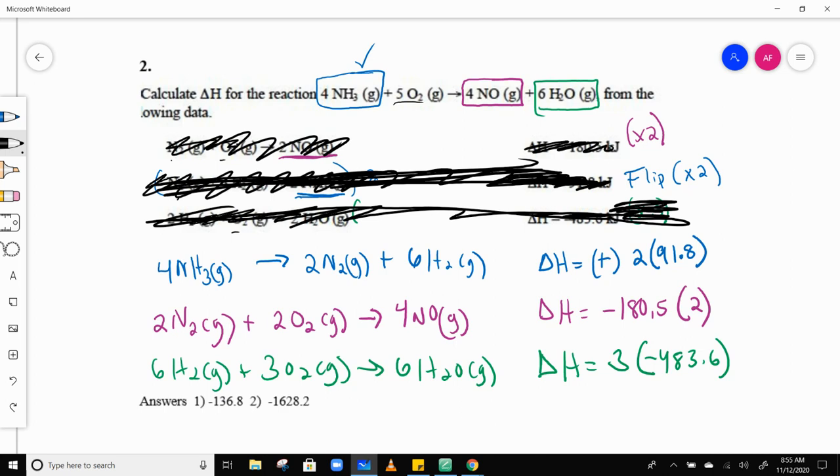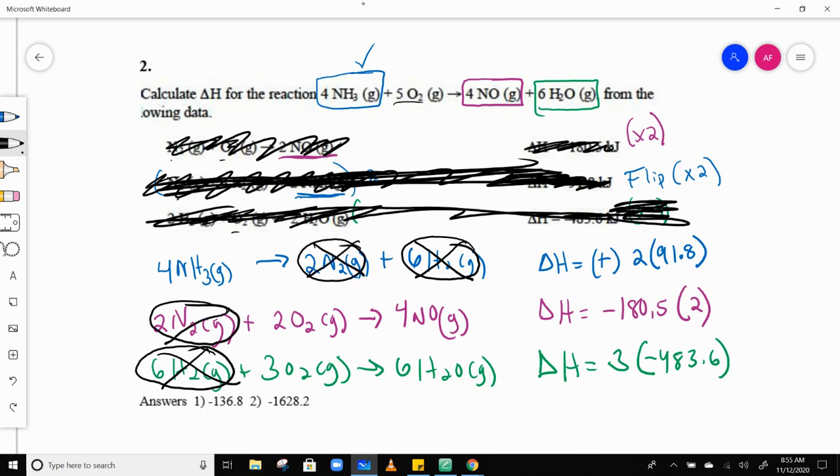And if you want to save yourself a little bit of time, you can just look to see if something is in the reactants and the products, it cancels out. So for example, you have 6 H2 gas and 6 H2 gas. That cancels. You have 2 N2 and 2 N2. That cancels.